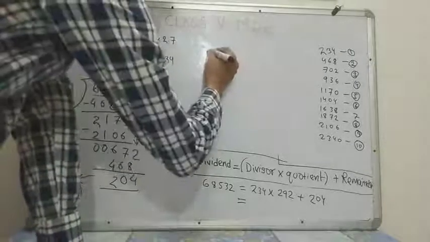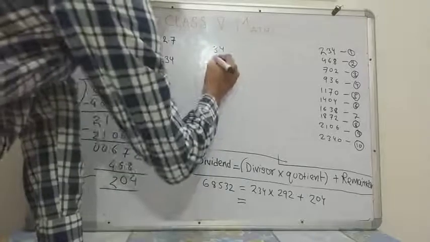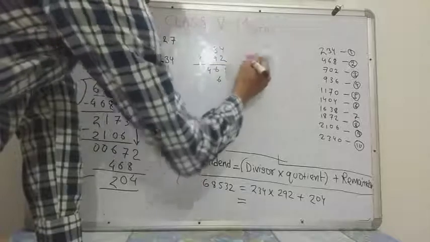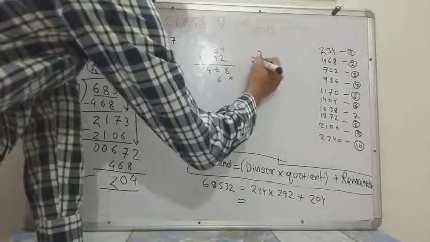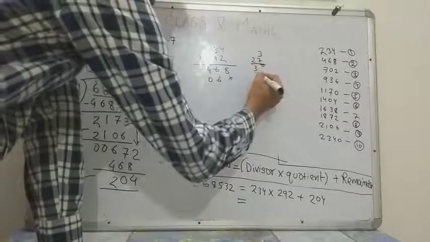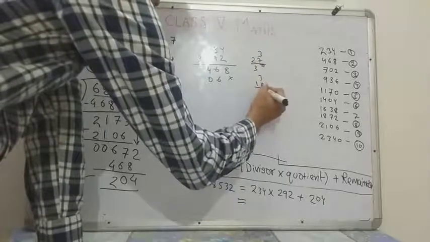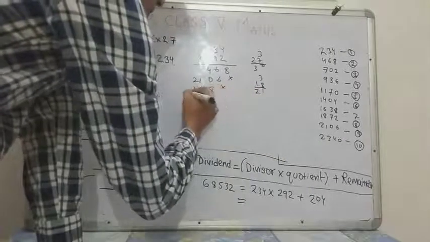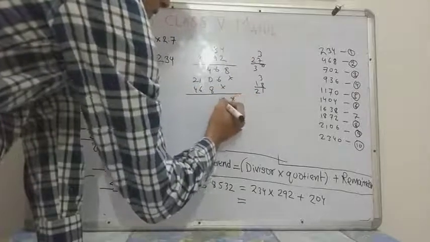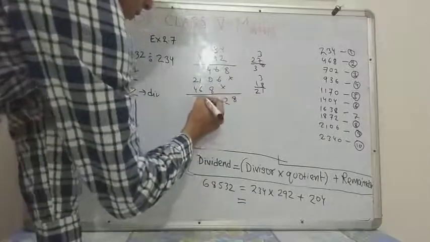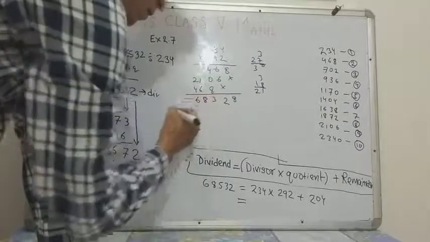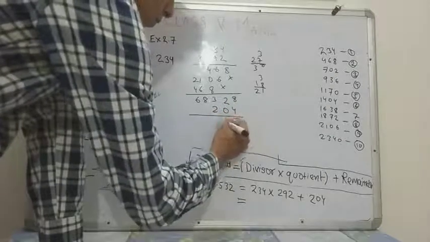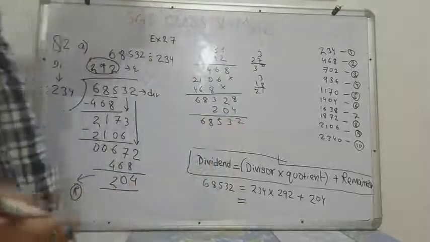When we multiply 234 by 292, we got 68328. Adding 204, we got 68532.